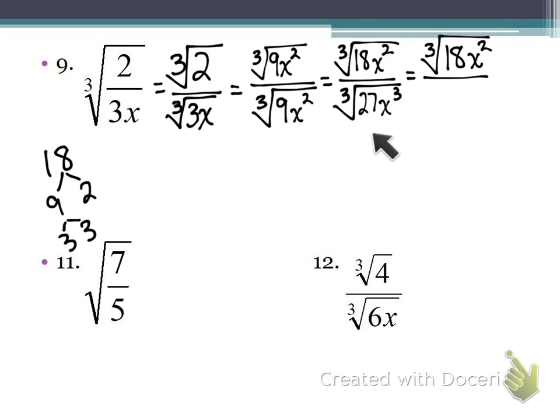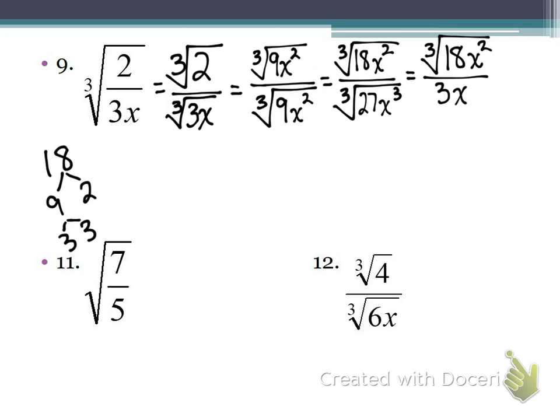Divided by, what is the cube root of 27? 3. 27 is a perfect cube number. What is the cube root of x cubed? Just an x. Okay, we could have a group of 3 3s, a group of 3 x's. Do we need a radical anymore?